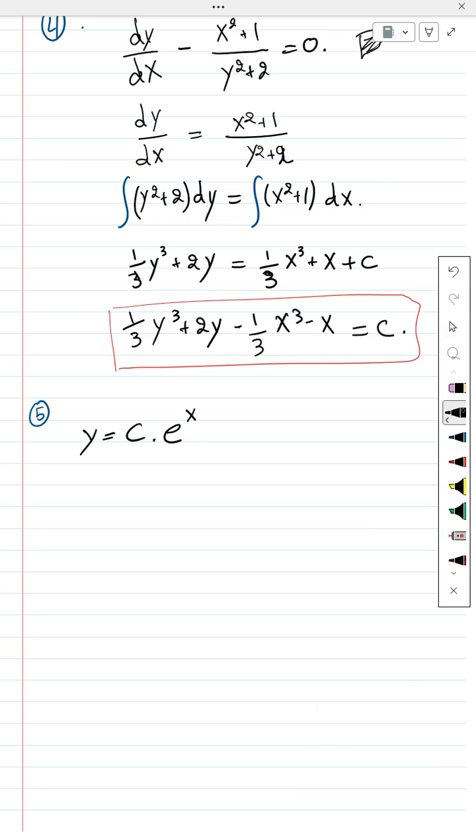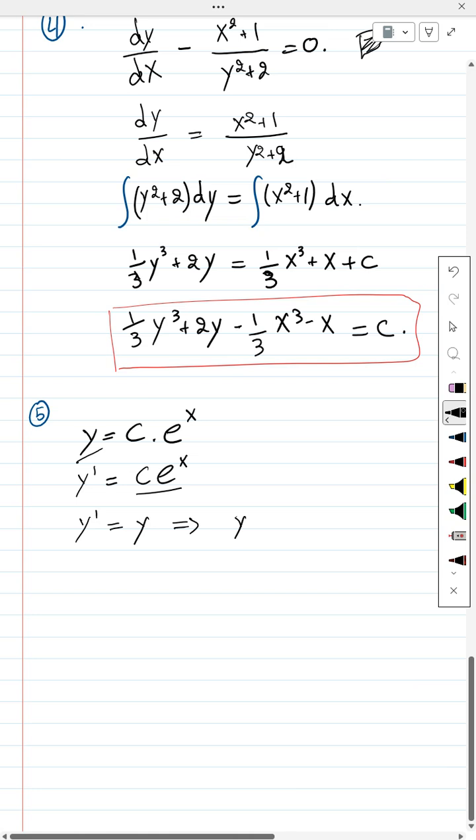So here, by getting the derivative, we will get y prime is equal to c exponential x. As you can see, this is the same as y, so we will end up with y prime is equal to y, and it is the same as y prime minus y is equal to 0.